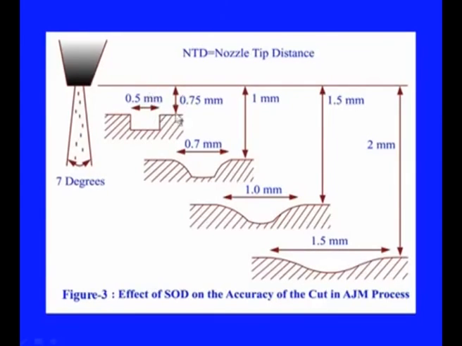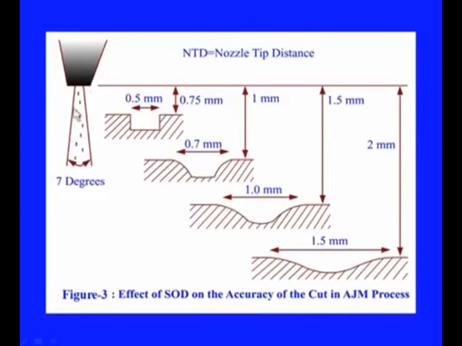As we can see, with a smaller standoff distance we can get a sharp cutting profile as shown in this particular figure, and as we go beyond a certain optimized distance, the stray cutting will be more because of the divergence of the nozzle jet, and the cutting efficiency of these particles will come down.